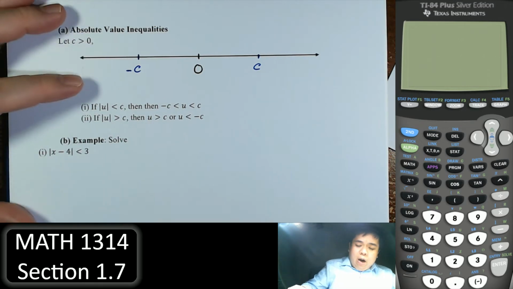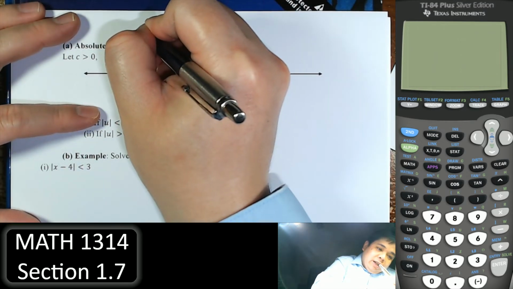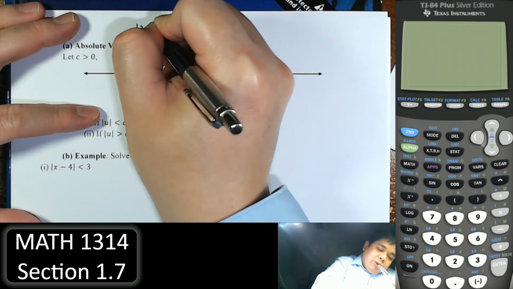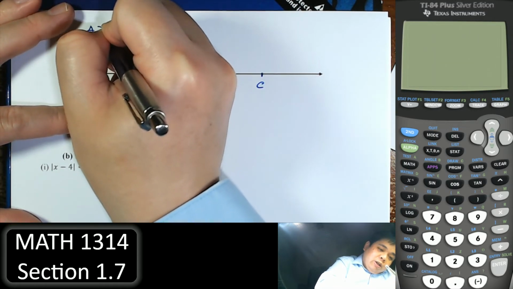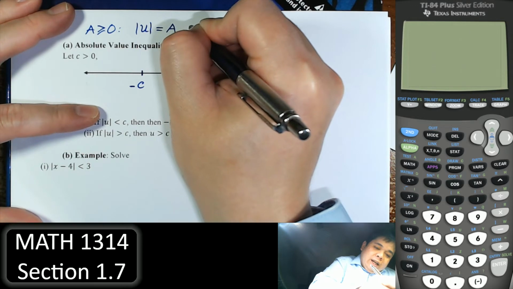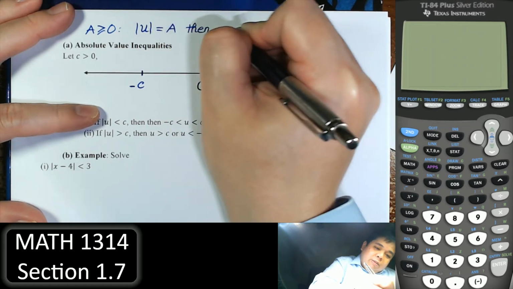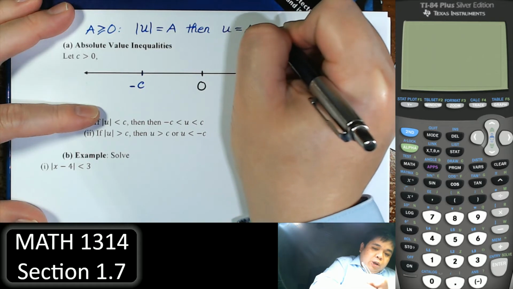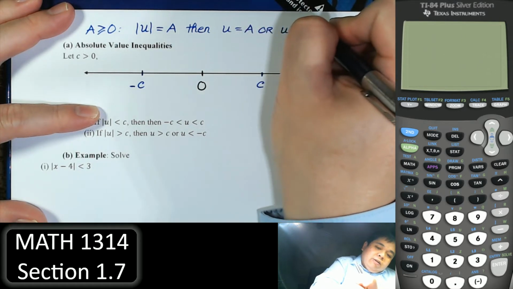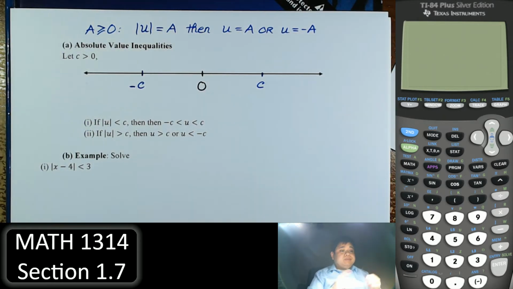So recall that where we have the absolute value of u equal to a, where a is greater than or equal to 0, then we have u equal to a or u equal to negative a. Right. So that is when it is equal to. What happens if we have greater than or less than?